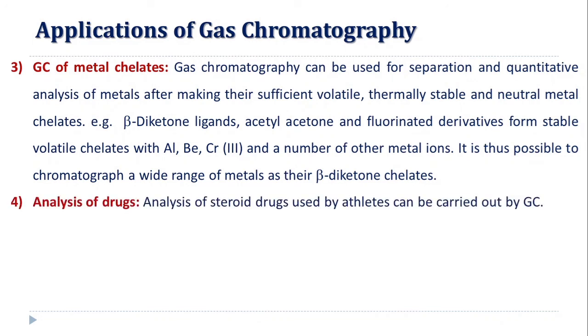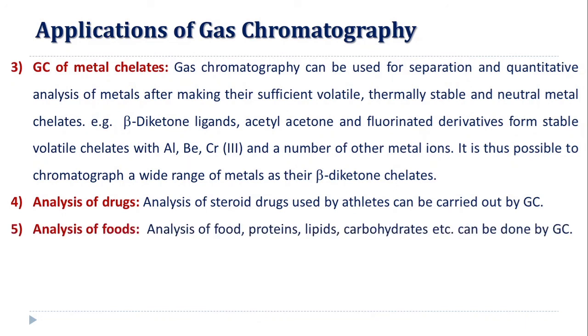The analysis of steroid drugs used by athletes can be carried out by GC. Most of the athletes are cheating by using steroids, fast energy suppliers, and this can be detected by gas chromatography. Analysis of foods: we can analyze food, proteins, lipids, carbohydrates for various types of impurities and additives by gas chromatography.